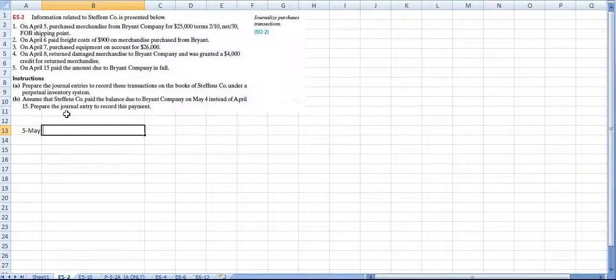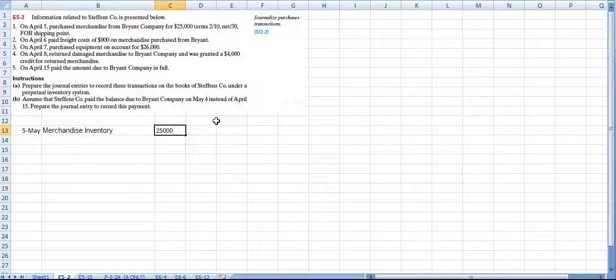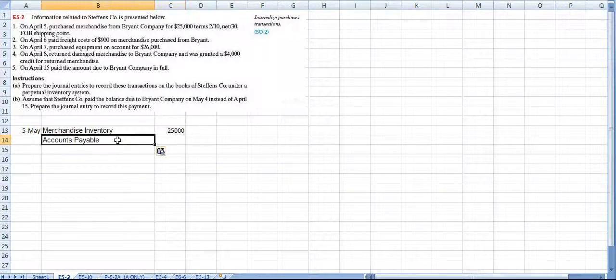So to make this a little bit easier, I can just copy and paste from my other screen. When we buy things in regard to reselling them to a customer, we're going to be debiting a merchandise inventory account, in the amount of $25,000. Our corresponding credit will be to accounts payable for the same amount.